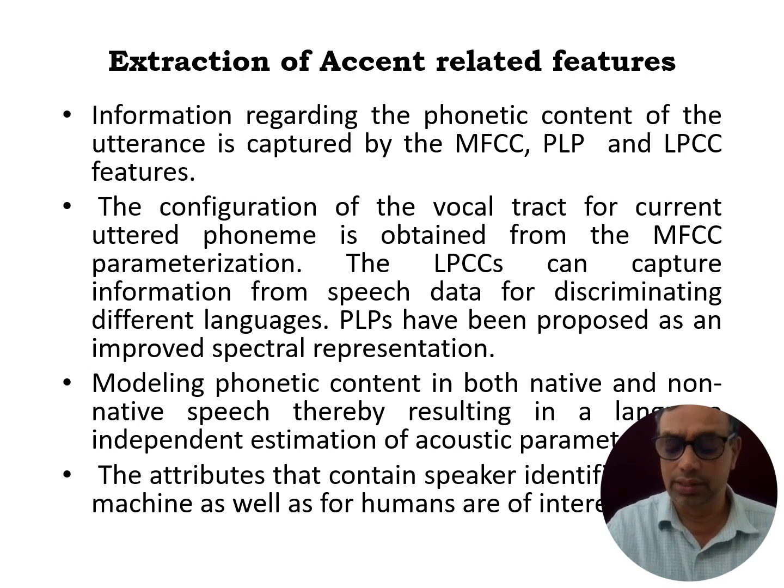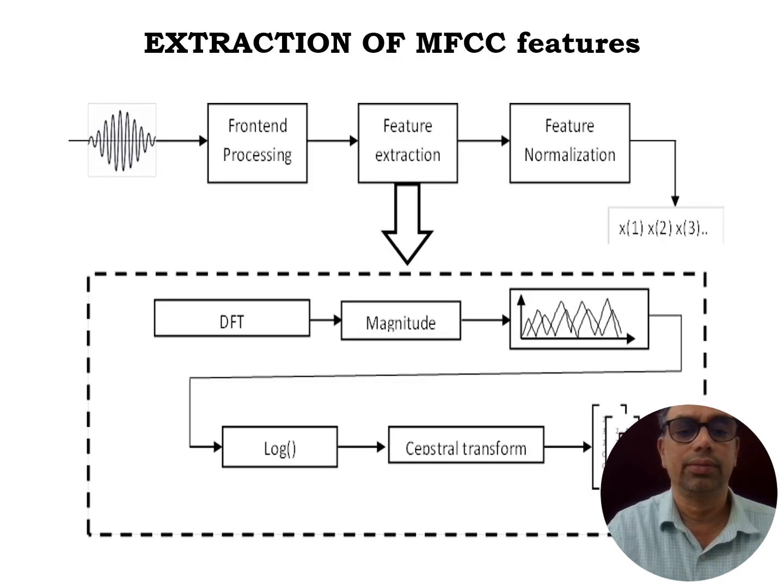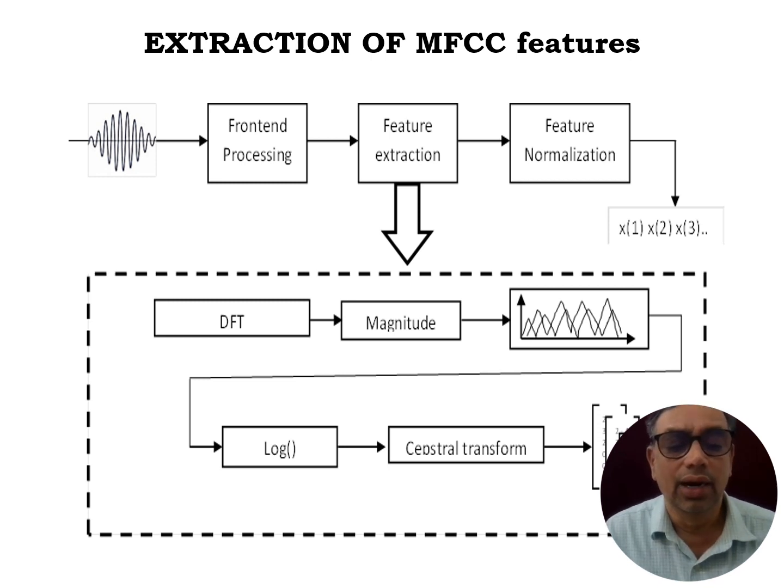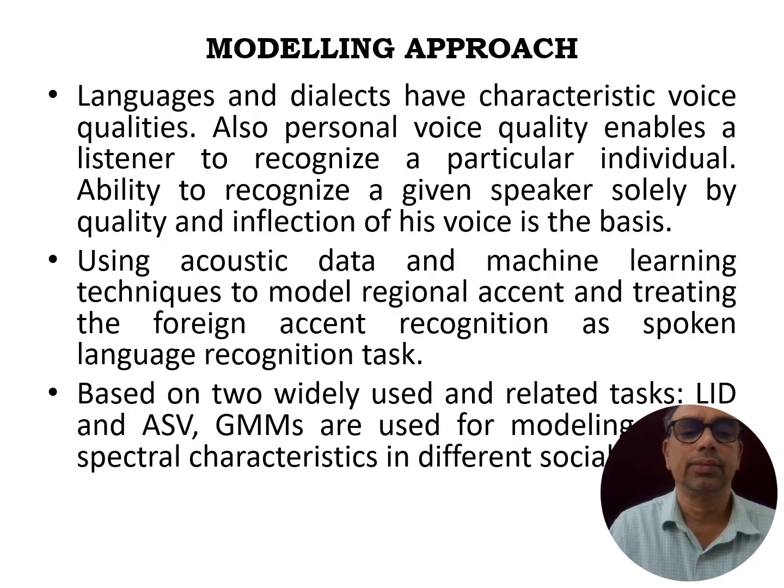So these are the three different features, and one typical example of MFCC extraction procedure is shown in the figure. This figure tells us about pre-processing and then segmentation and then feature normalization, things like that.